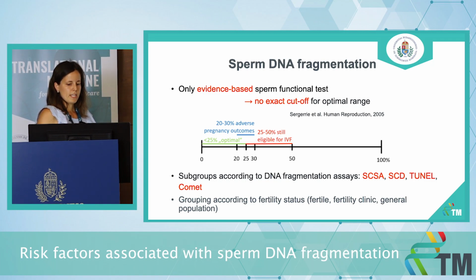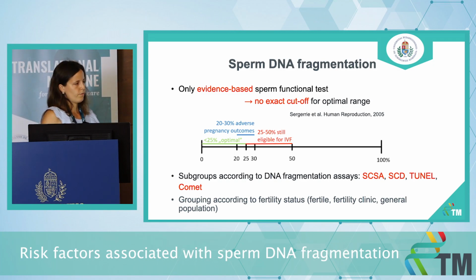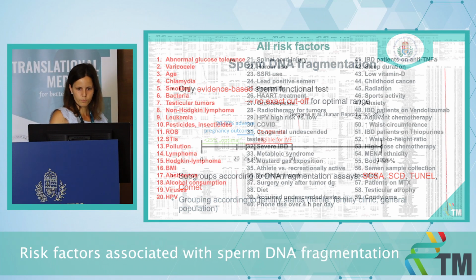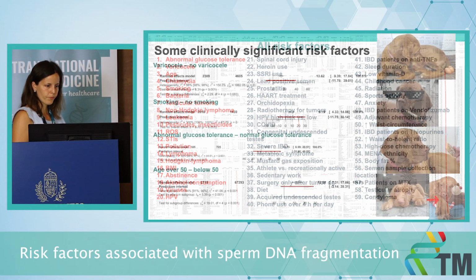We did subgroups based on the DNA fragmentation assays, and also based on the fertility status of the males. These are all the risk factors for which we had data, and in red you see the ones that ended up in the meta part, and the black are the ones that we had less data for.